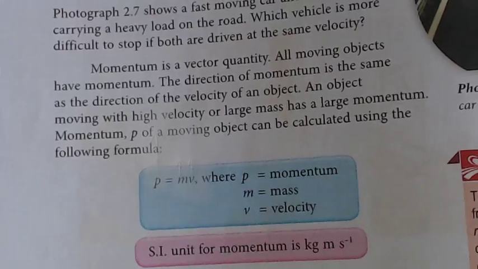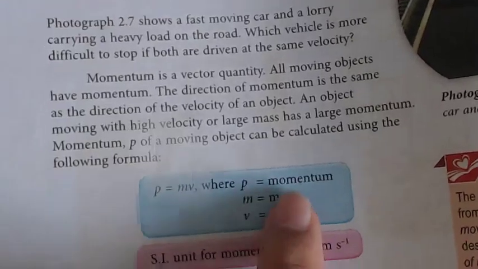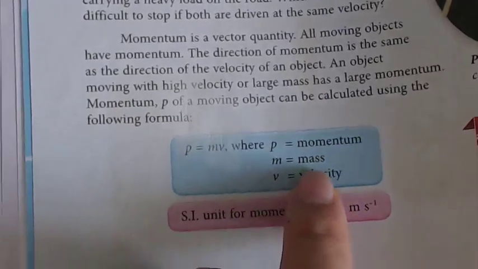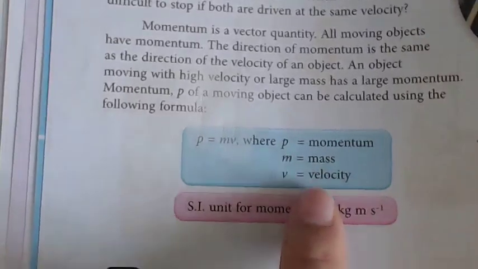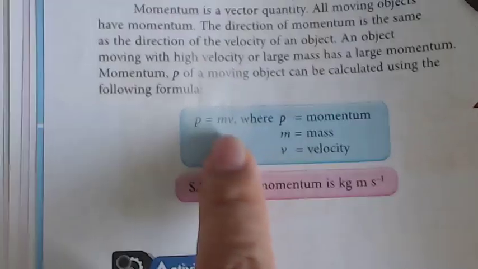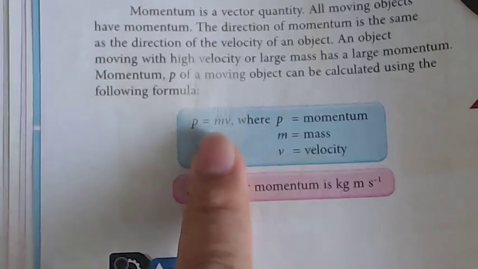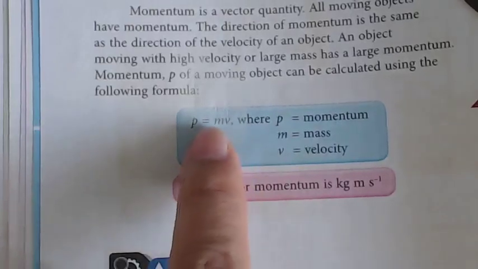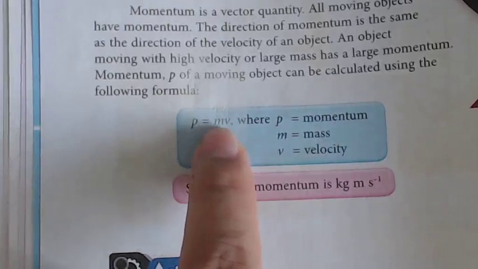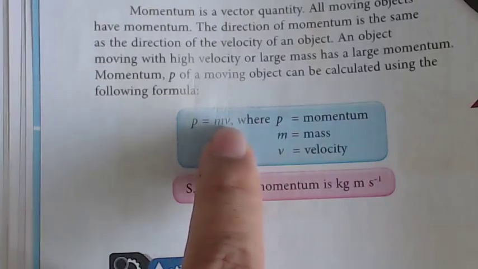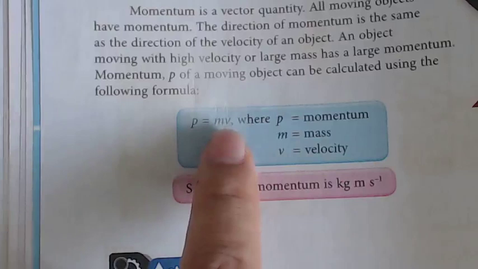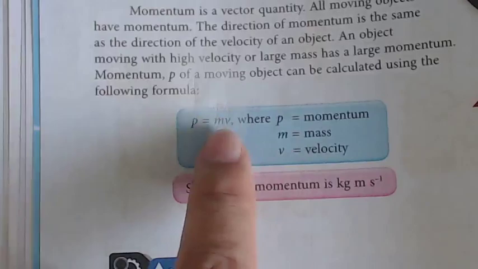Momentum combines mass and the motion, that is velocity. How do they combine? They multiply both. This is why we get the formula to find momentum: we multiply the mass of the object with the velocity, the motion the object has.